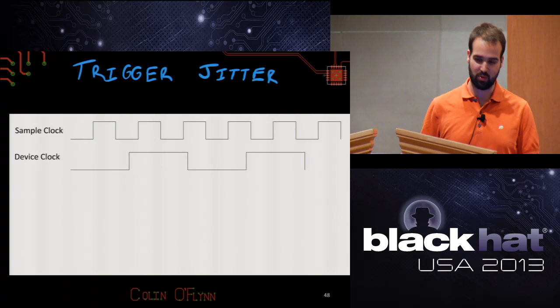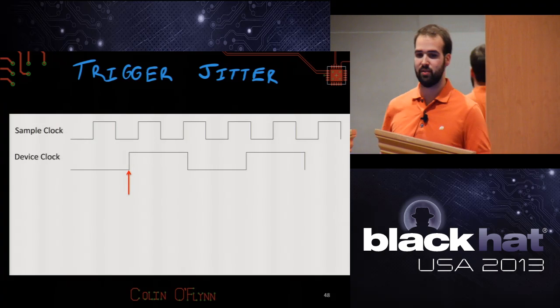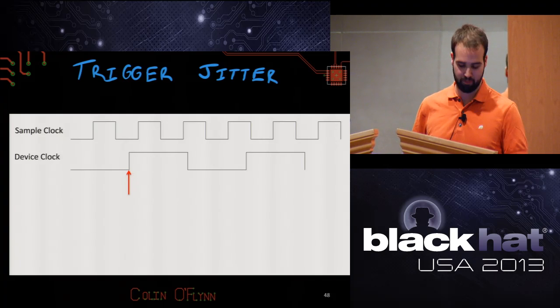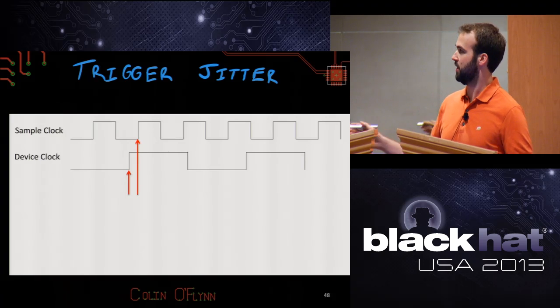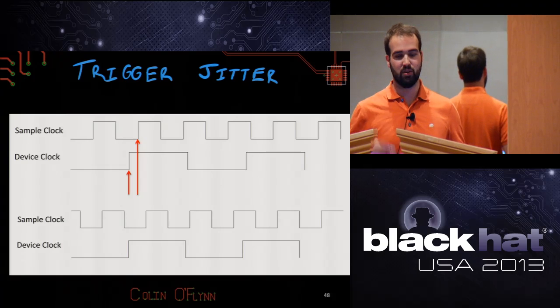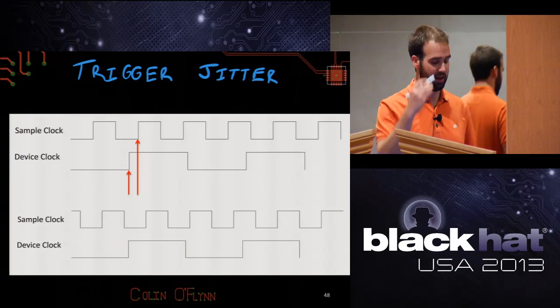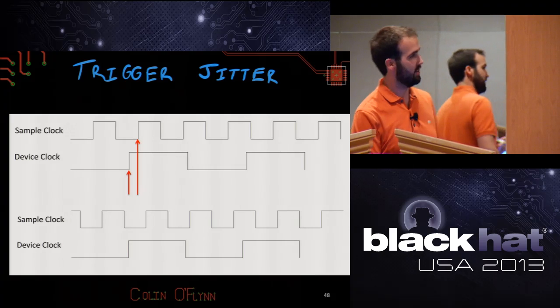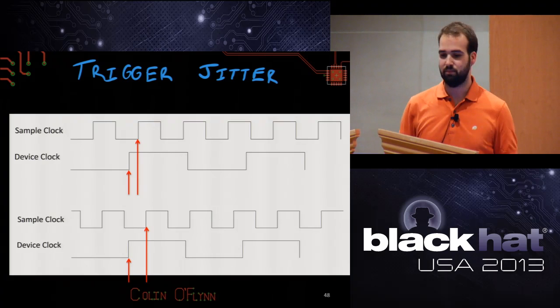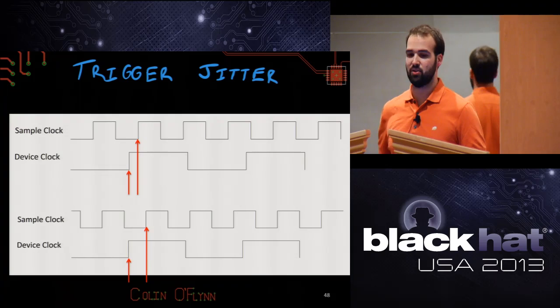There's no relationship between those, so on the edge of the device clock, that's when the operation occurred that I want to measure the power of, but it doesn't get sampled until some time later when the oscilloscope takes the next sample. The next time that happens, and you want this to be very repeatable to line up all your power traces, the device on this edge here does its thing, and the scope takes its sample when its next scheduled time occurs.